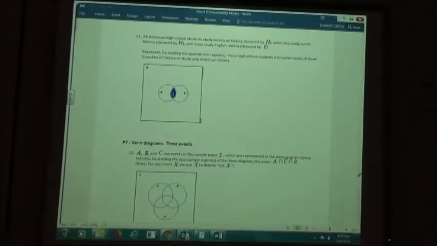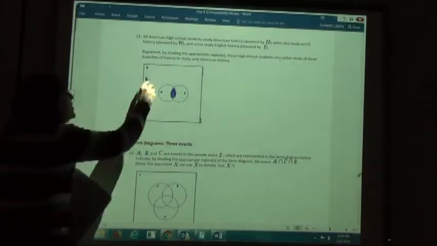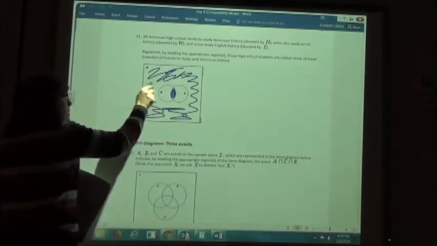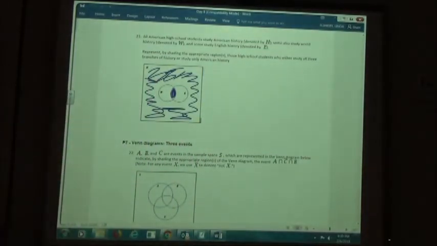Studied only American history. If I studied only American history, where would I shade? Which section is the only American history? The H section, not inside those two circles, right? So the H section would be the only American history.